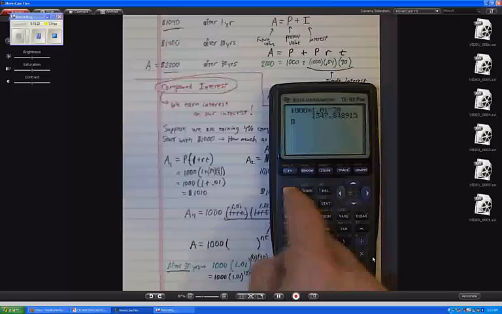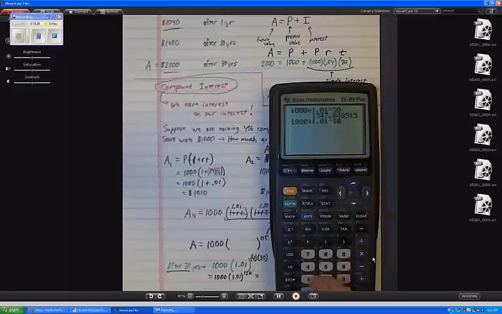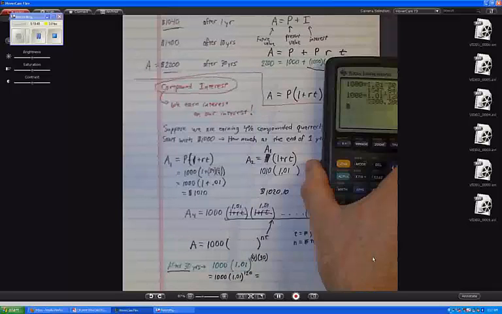So let's take the same thing and raise it to the 120 power. There it is. 3,300. Is that significantly more than 2,200? That's enough to make a difference. I mean, you've more than doubled your interest by doing compound interest. And that's why the banks do it.